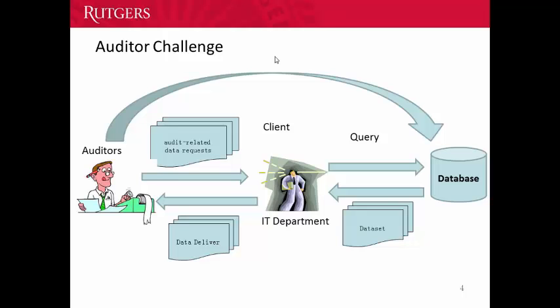Because auditors and IT personnel approach requests for information from different perspectives and have different understanding of data. Once auditors obtain the dataset, they have to understand it, because the data they obtained has different field names, types, and format from that in financial statements. So this entire process usually takes several weeks.